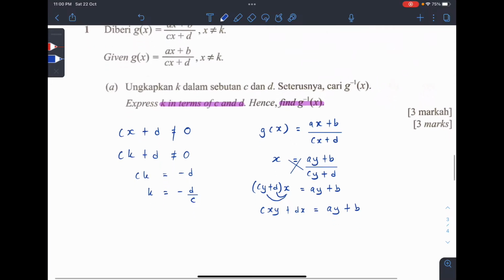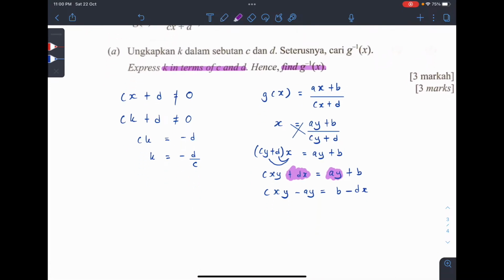Now, what I'm trying to do right now is make my y alone. The first thing is I'm looking at my dx and my ay, and I'm gonna switch them over. So it will become cxy minus ay equals b minus dx.